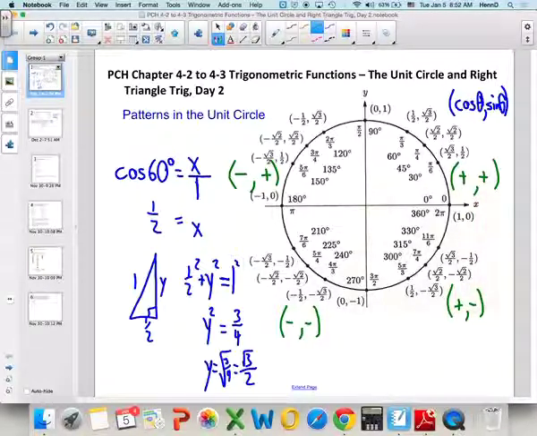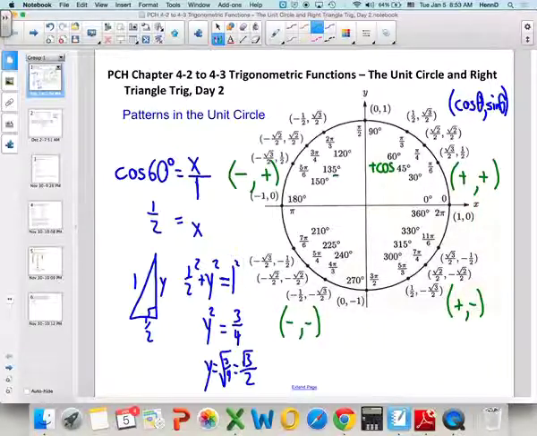The x coordinate is the cosine of the angle. So what do you notice about any angle that's between 0 and pi over 2? Its cosine will be positive. What do you notice about the cosine of any angle between pi over 2 and pi?